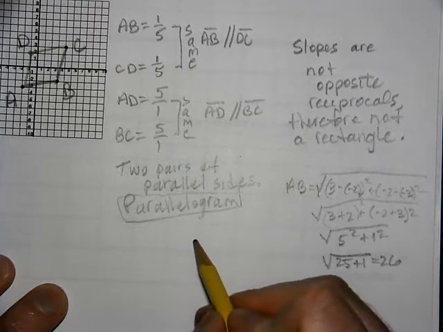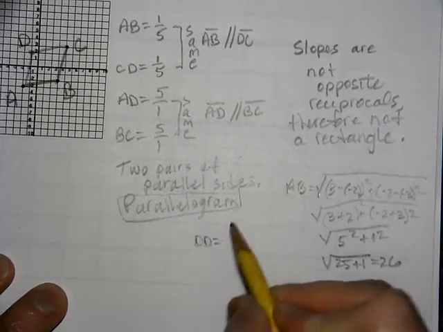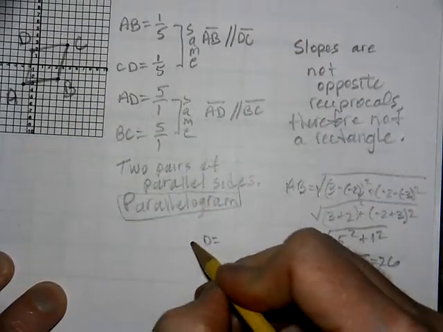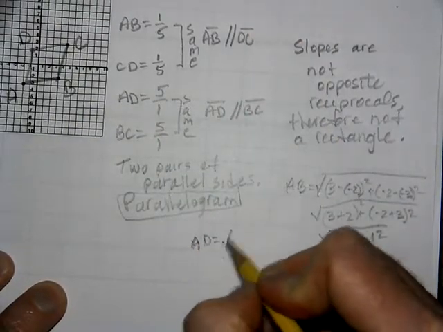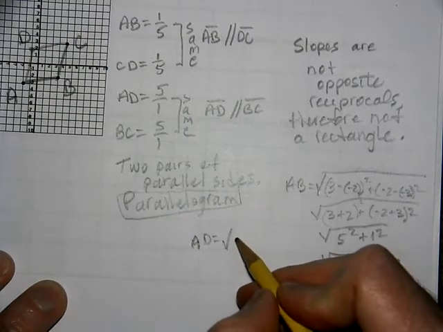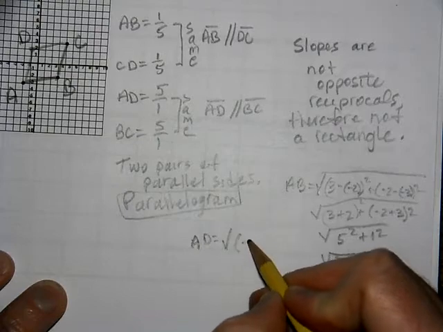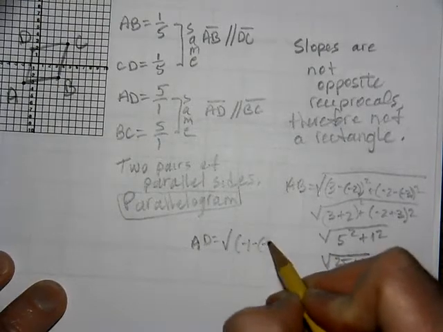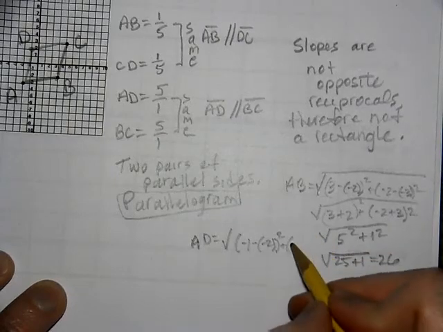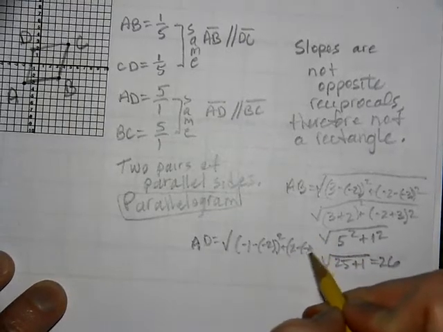So I'm going to look at AD. So negative 1 minus negative 2, and 2 minus negative 3.